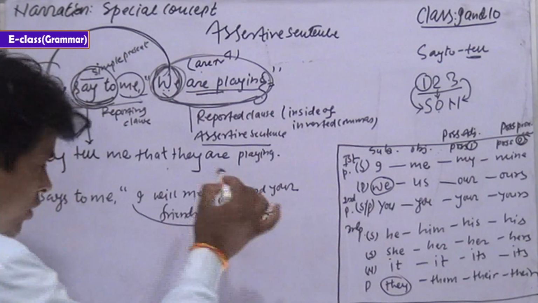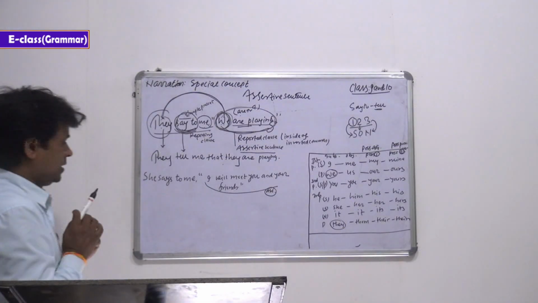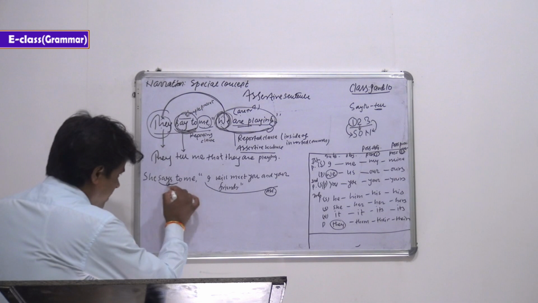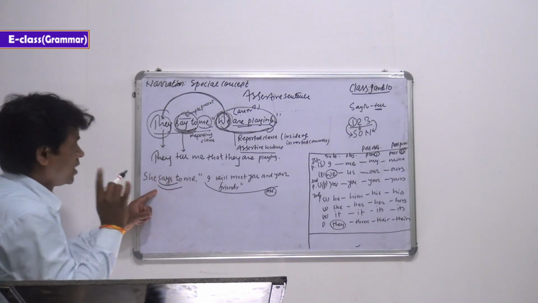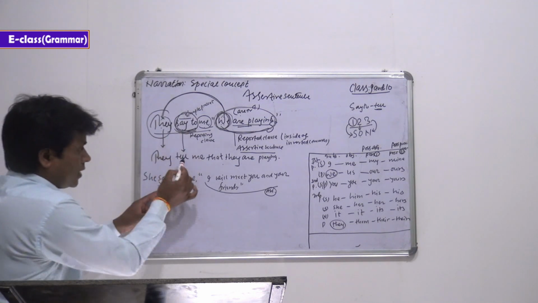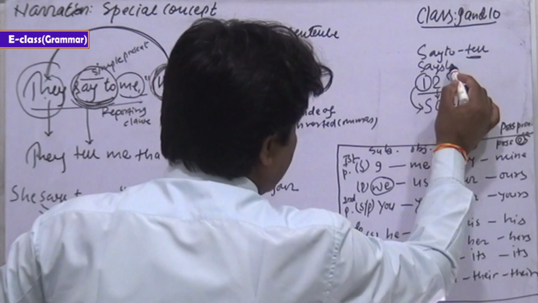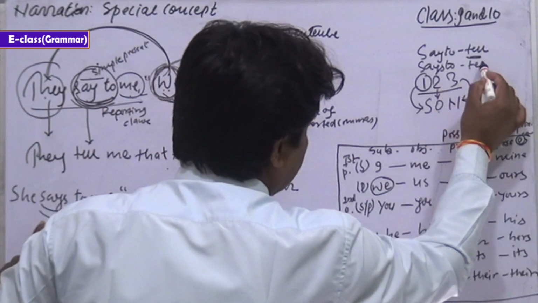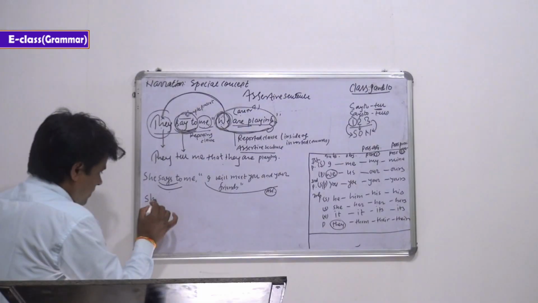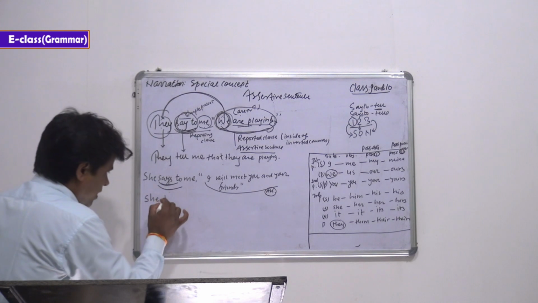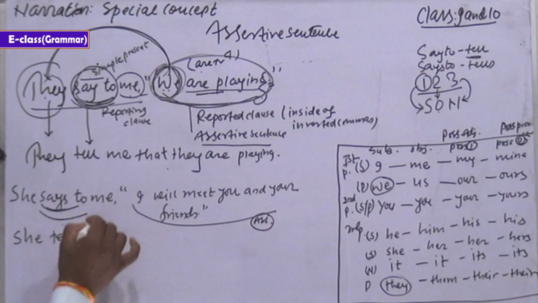Yes, if you have the reported clause in an assertive sentence, then this reporting verb "says to" is changed into "tells". Say to into tell, says to into tells. So the speaker, she, says to, becomes tells me, the listener.